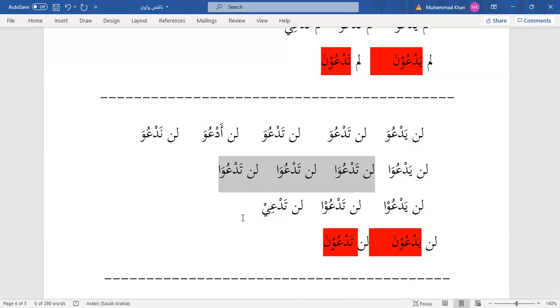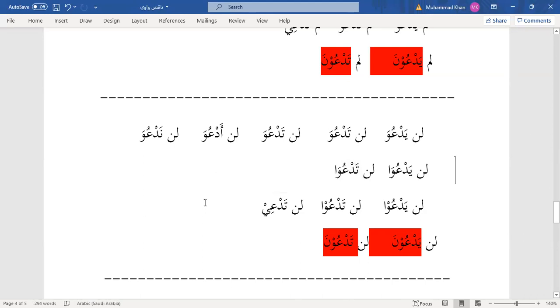Because when you count, they are not 5. They are 7, right? So when you say they are 5, it becomes difficult to figure out. So now we know why they are 5, because we will take only one. It will be as if these two do not exist according to the grammarians because they have the same rule. So that's why we call them al-af'al al-khamsa.